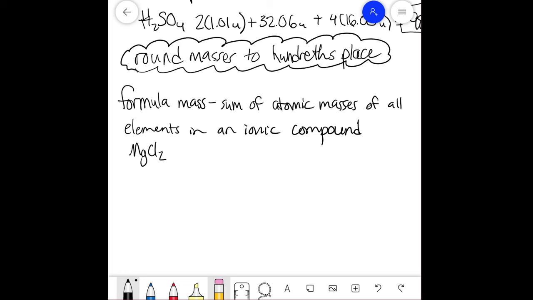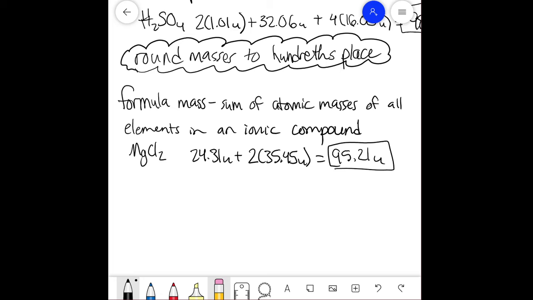The formula mass is just the name they give it when it's an ionic compound, but you do the exact same thing. You take the mass of magnesium to the hundredths place, plus 2, since you have 2 chlorides, to the hundredths place, add it up, and that is 95.21. While technically formula mass and molecular mass are not interchangeable, on the test you're probably just going to see it all labeled as formula mass.